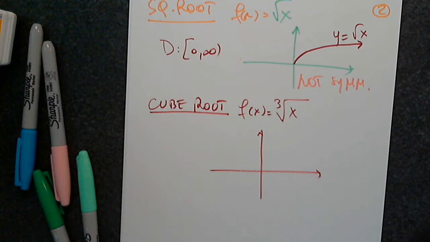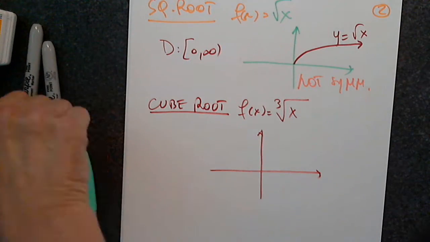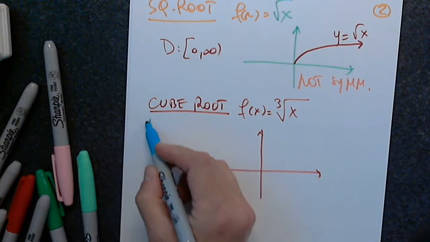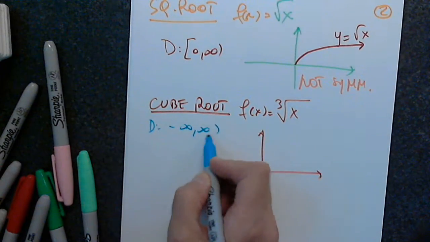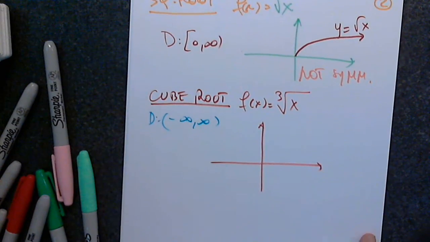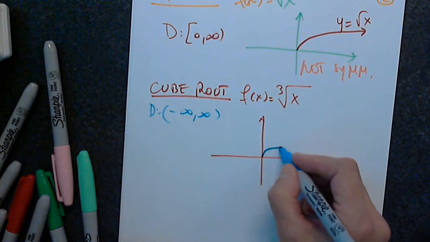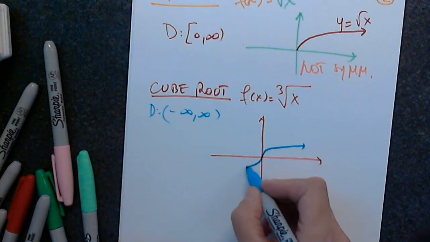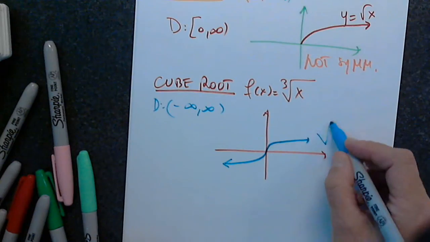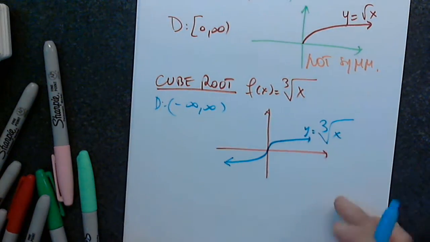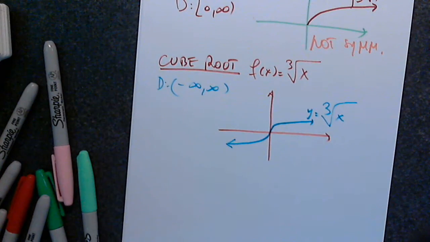What is the domain of the cube root? Correct. Very good. This function has no restrictions. It's a very nice function. Kind of similar to x squared in a way, but it's really not. So this is y equals the cube root of x.